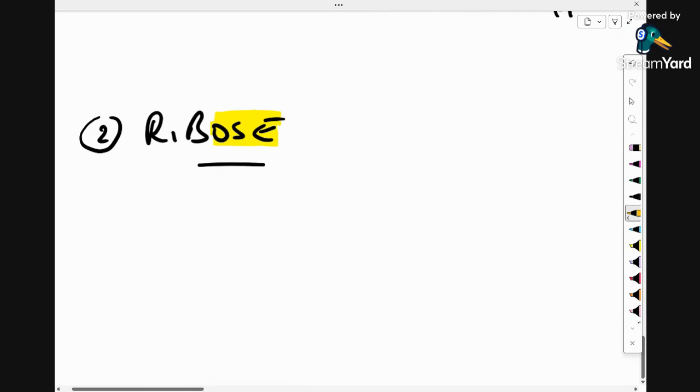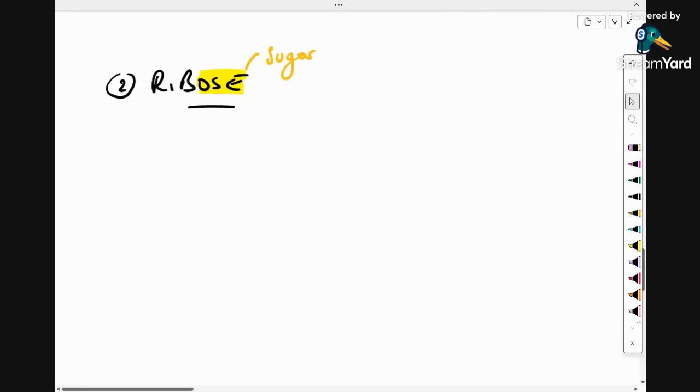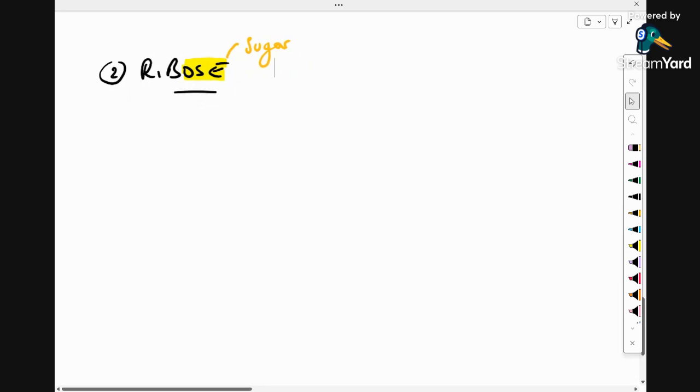So this is yet again another sugar. And it's a specific type that comes up when we look at DNA and nucleotides and things like that later in the course. And I'm not going to labour the point now because we'll have plenty of stuff on ribose when we do DNA and RNA.